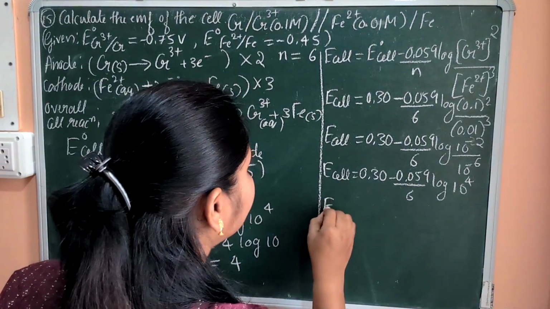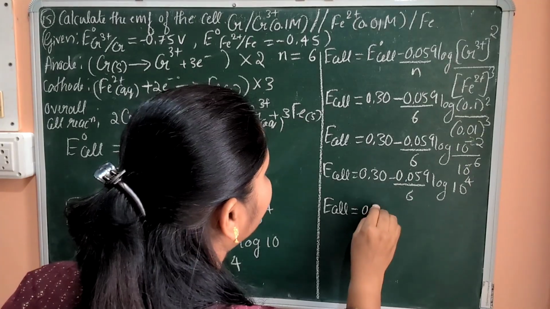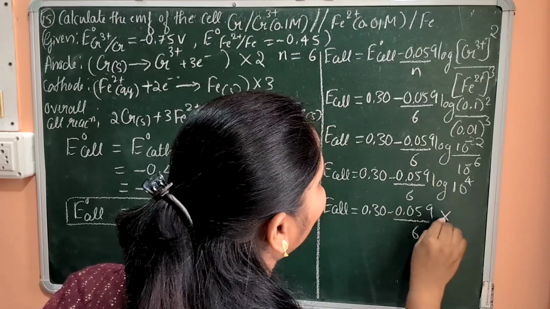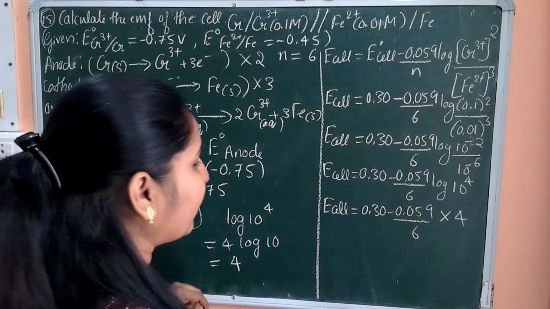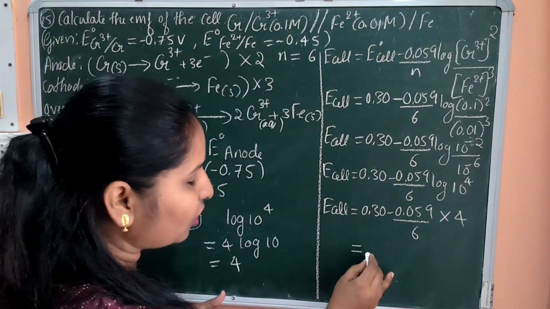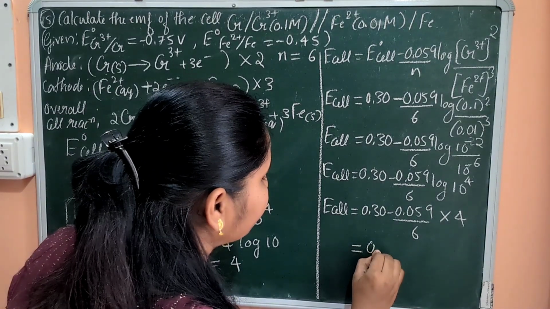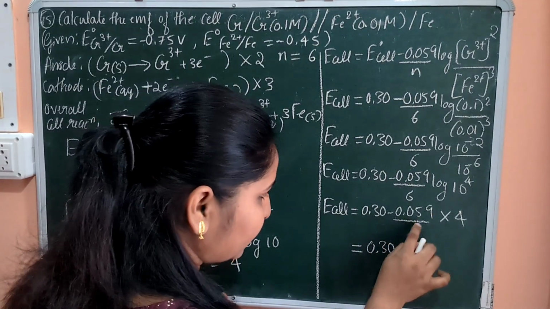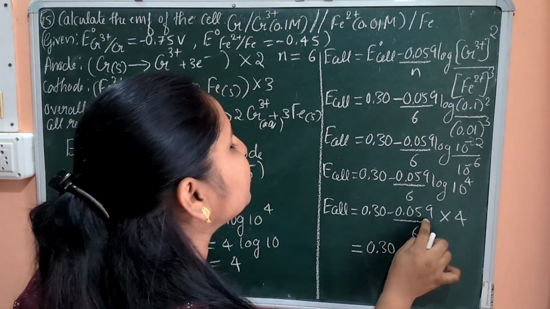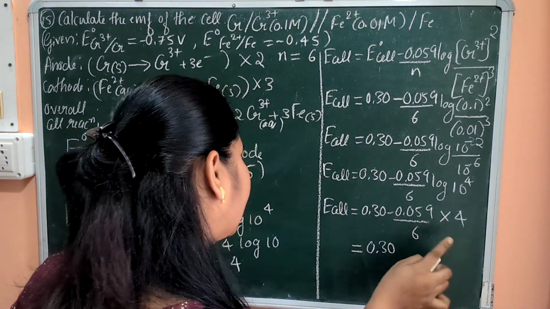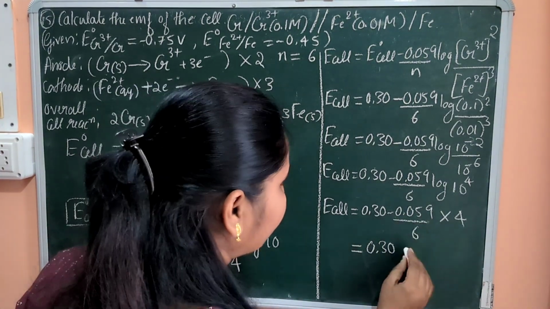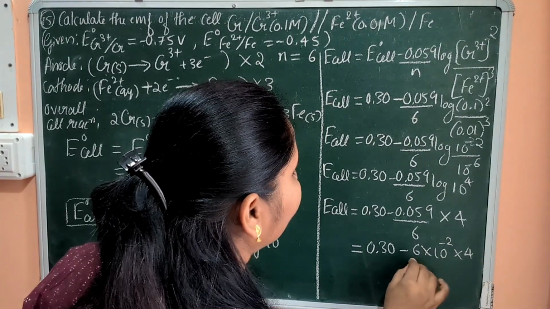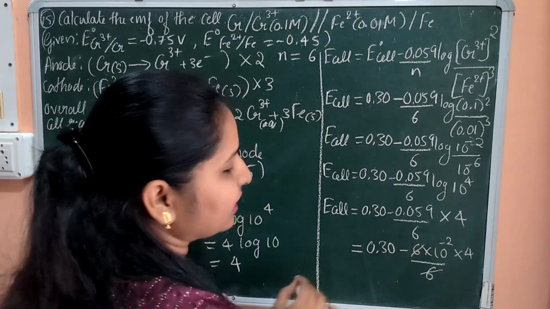So now E cell is equal to 0.30 minus 0.059 upon 6 into 4. Now we have to calculate the value for this. For easy calculation, I'll take 0.059 as 0.06, so it is 6 into 10 to the power minus 2 into 4 by 6, so that I can cancel the 6 and 6 here.